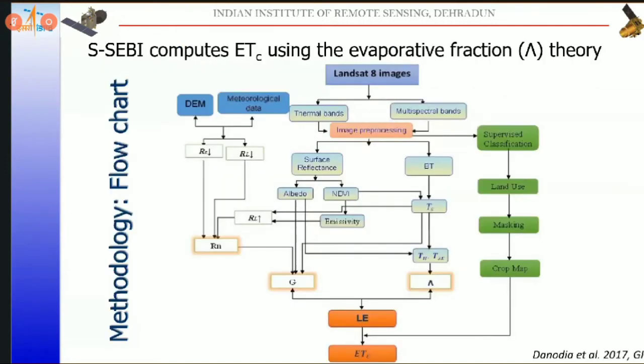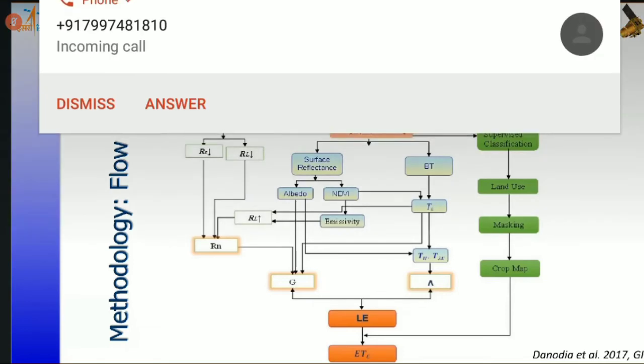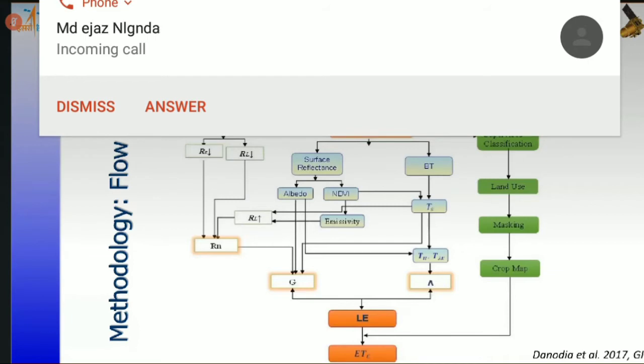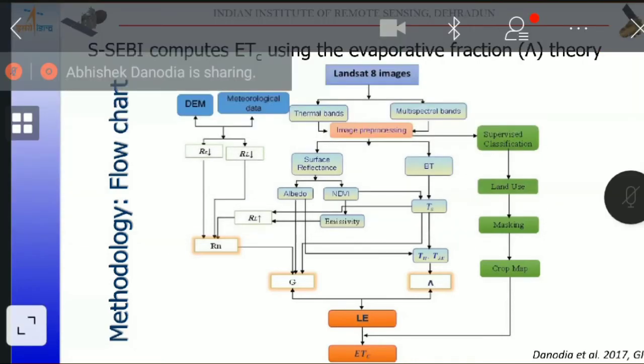Using Landsat 8 imagery, with the thermal band 11 in the 10 to 12 micrometer category, we can further calculate the specific parameters defined in the flow chart of this methodology, like NDVI, albedo, emissivity, and net radiation components.